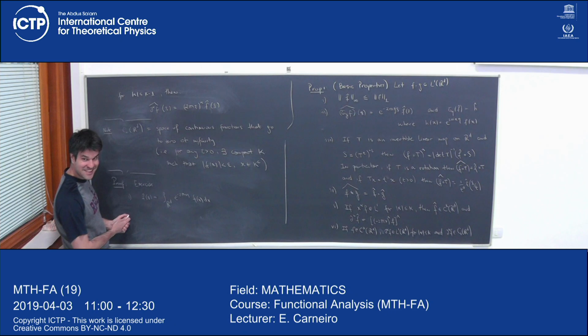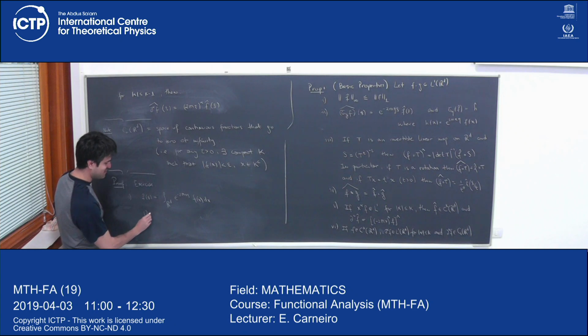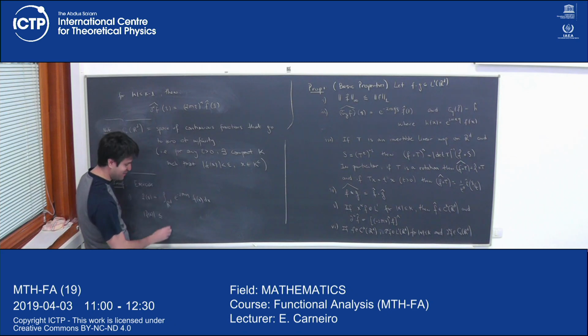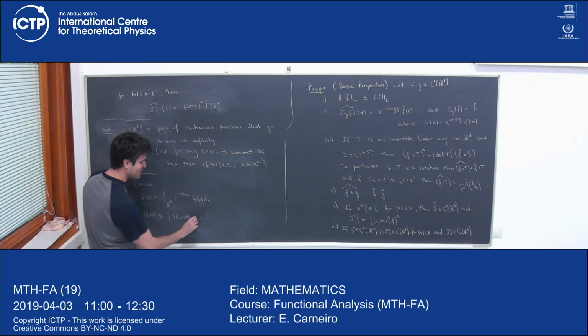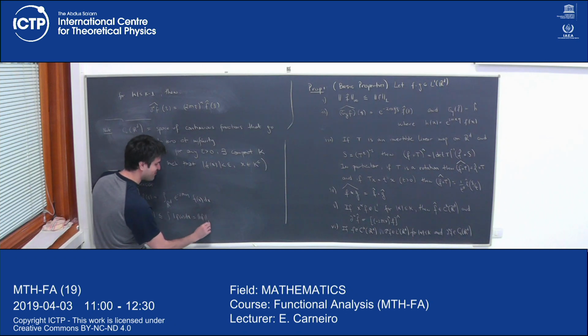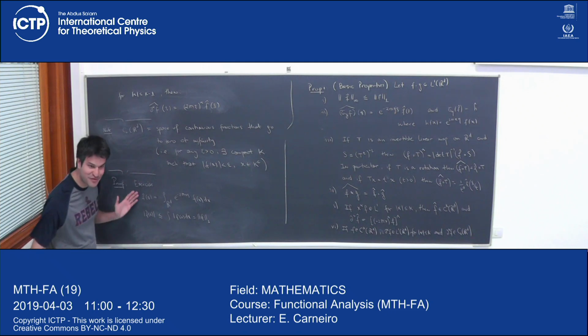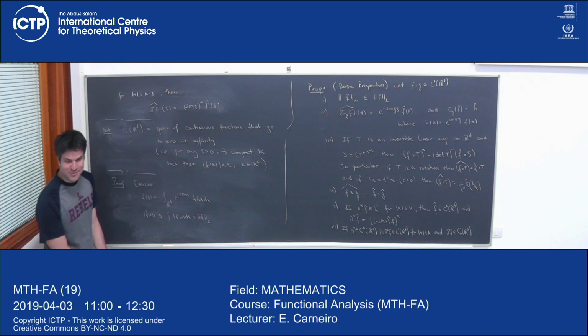This is the non-harmonic analysis way of estimating things. If I want to bound the absolute value of f hat of xi, it is less than or equal to the absolute value of this, and I just move the absolute value inside. What you get, of course, is the L1 norm of f. This is the most trivial way of doing an estimate on an integral. Just move the absolute value inside.